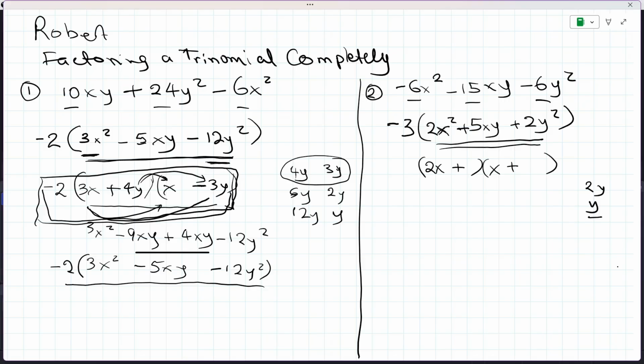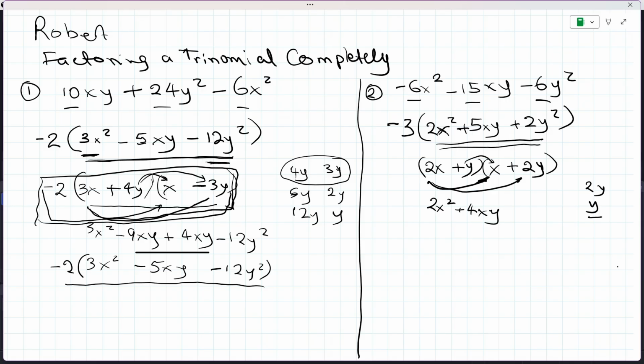So again, this is try and error. You have to try and see what you will get. Let's suppose we have y here and we have 2y here. Then we can try to multiply these two factors out and see whether we get back what we have out there. So 2x times x will give us 2x squared. Okay, we have it there already. Then 2x times 2y will give us 4xy.